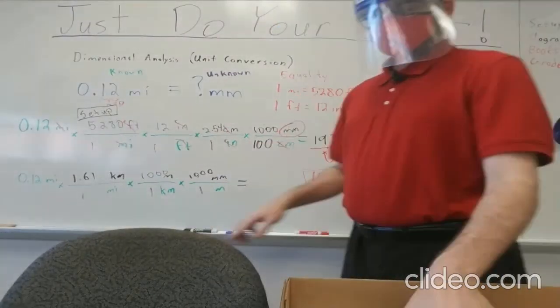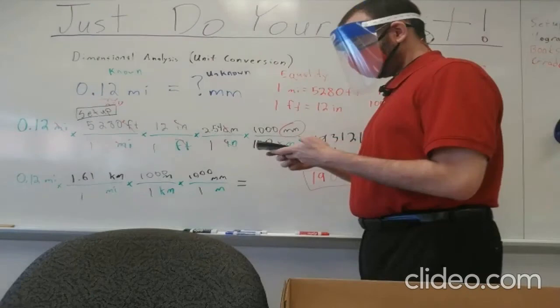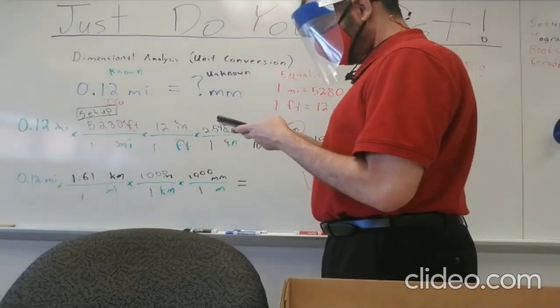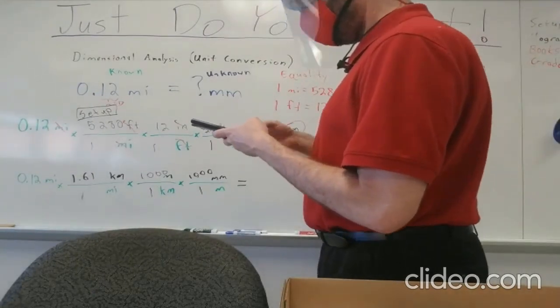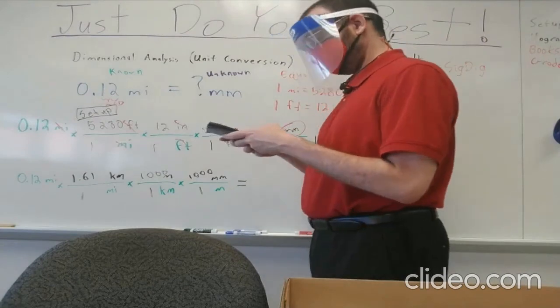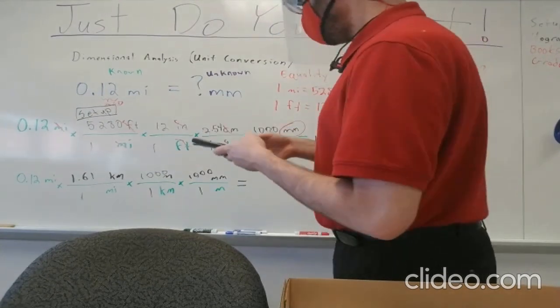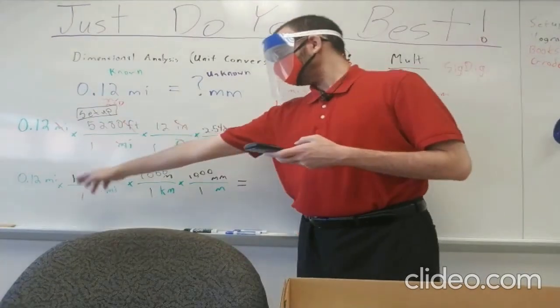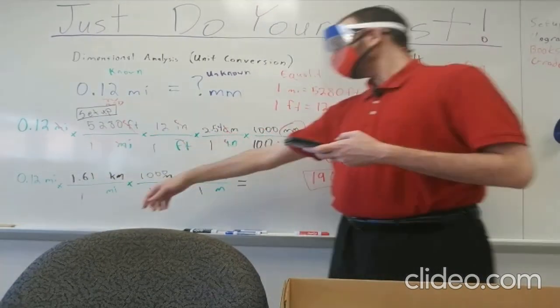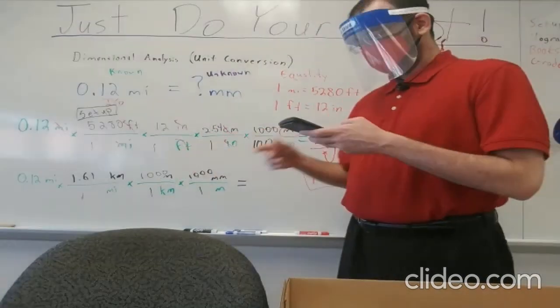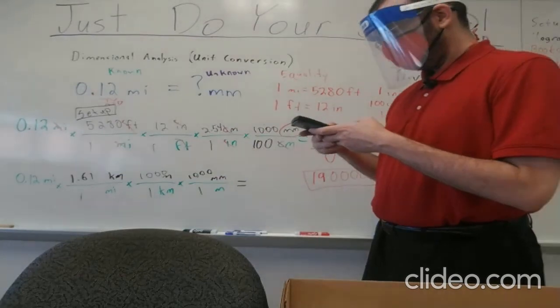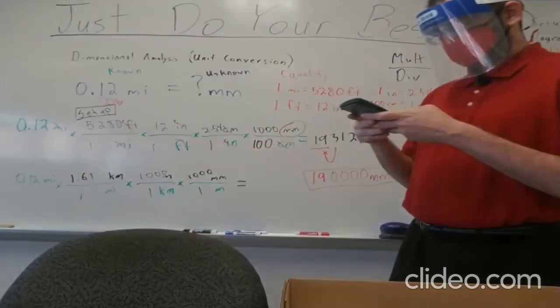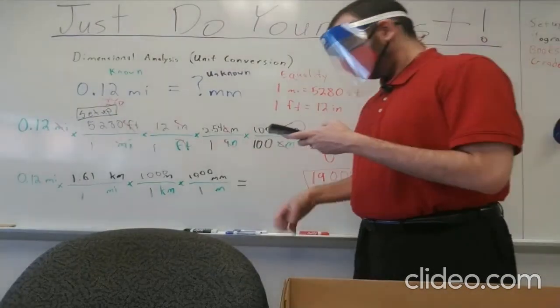So let's plug this in. 0.12. I put the 0, didn't need to, but I did it anyway. All right, times 1.61 divided by, well, we ignore because it's just a 1, times 1,000 times 1,000 equals.